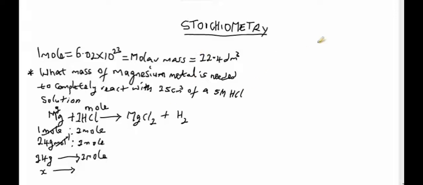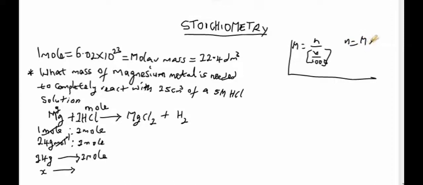From the whole concept, molarity will always equal mole over volume, and this volume, if in cm cube, should be divided by 1000. So if we apply this, mole becomes molarity times volume over 1000.